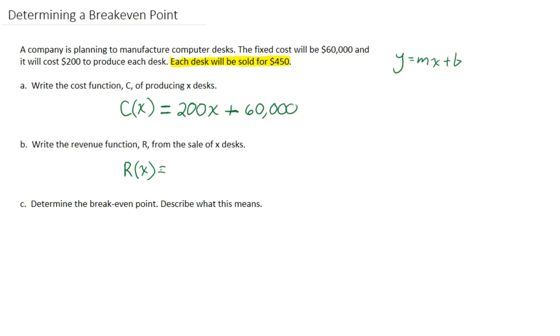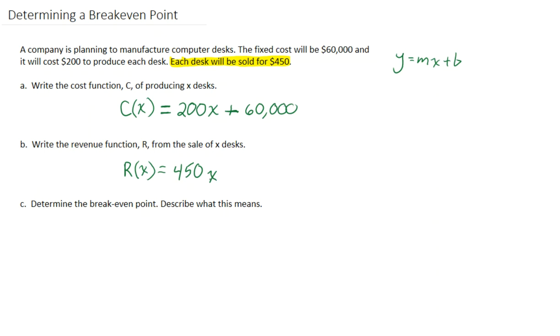So for each disc I get $450. So for the total revenue, it would be 450 times the number of discs that I sold. And that's it for the revenue function. There's no guaranteed cost not associated with the disc, so there's no y-intercept, so to speak. So that's our revenue function.